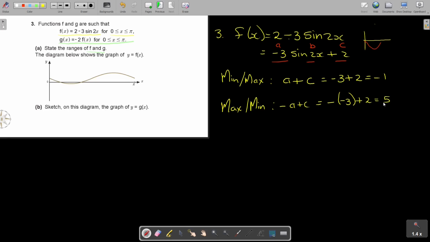Now, why did I call this minimum maximum? Because actually, can you see, this one gives me, due to the reflection, now the minimum, and this one is the extreme point that is going to give me now the maximum. Okay, I can already write it down. I can already say the range of f(x).